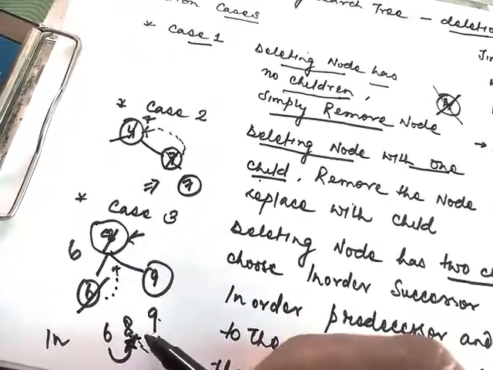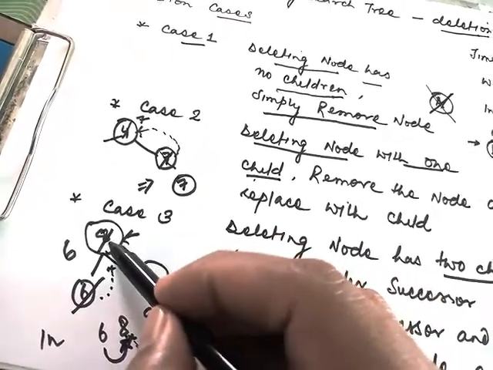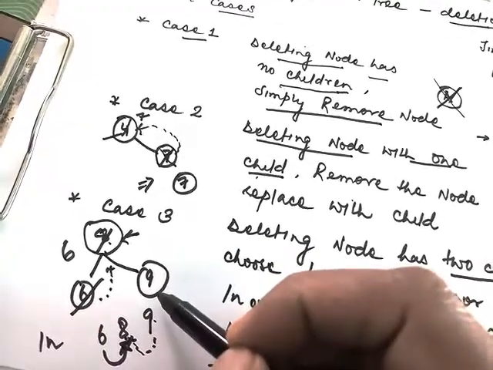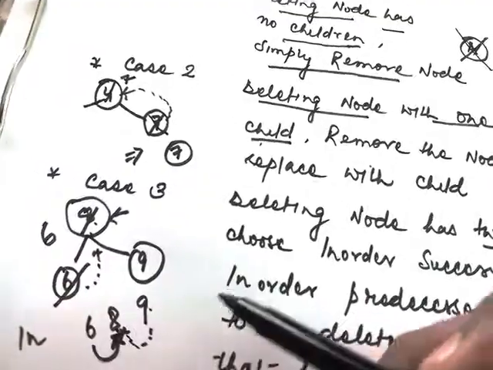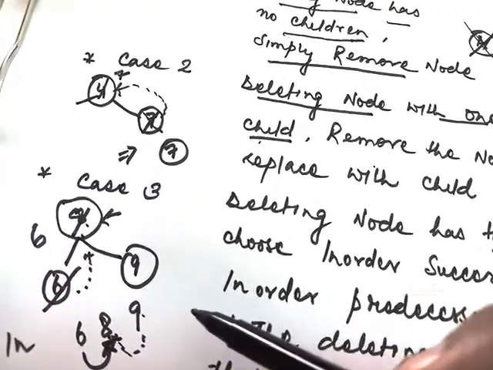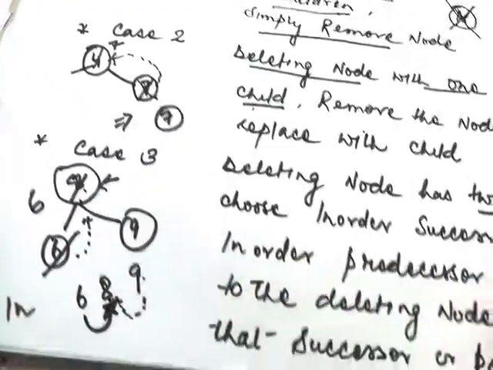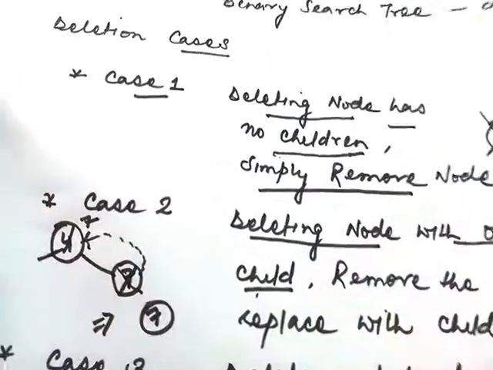We can copy it over here and then remove this node. So if there are two children, then we have to follow the in order predecessor or successor of the deleting node. Let's have this example, a very simple one.